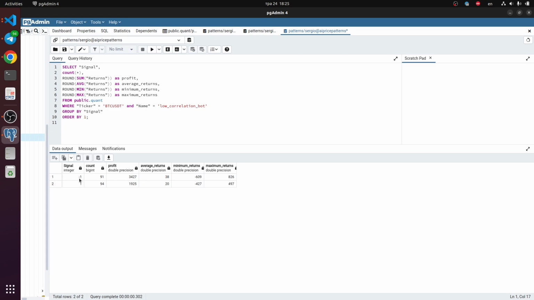And this one you see -1, and the most profitable situation is here.